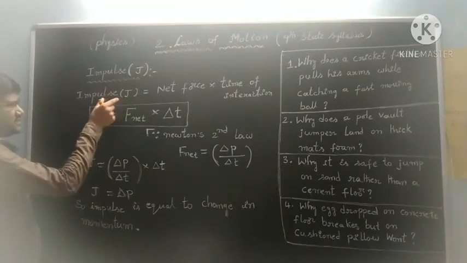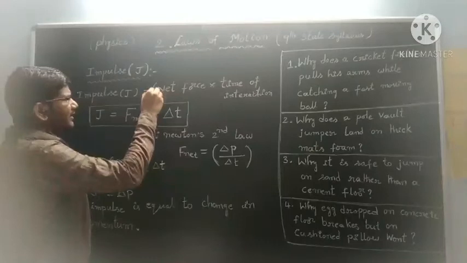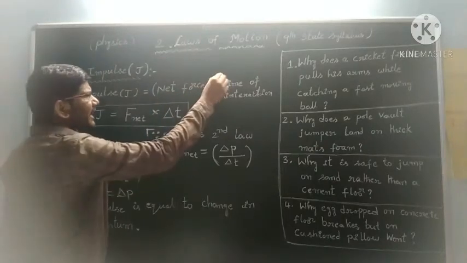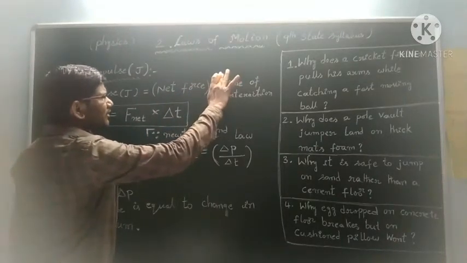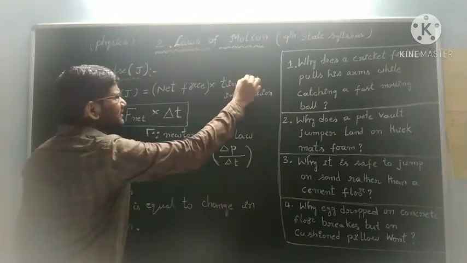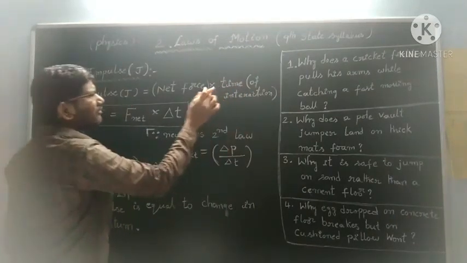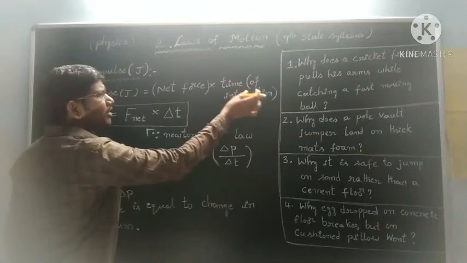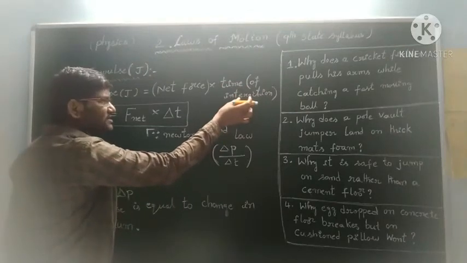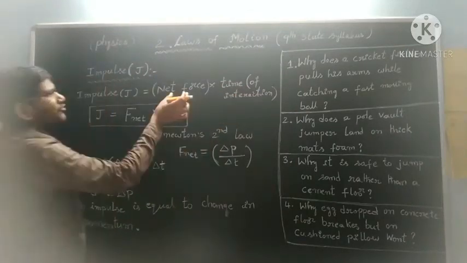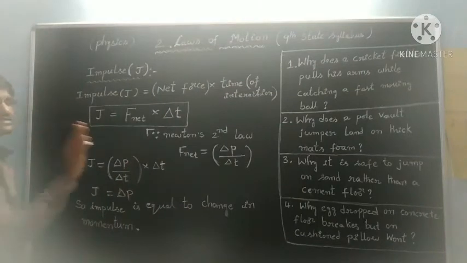Impulse is equal to the product of net force and time. It is the product of net force into time of interaction, how much time the net force is acting on the body.